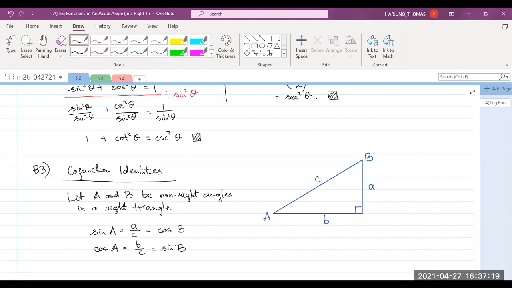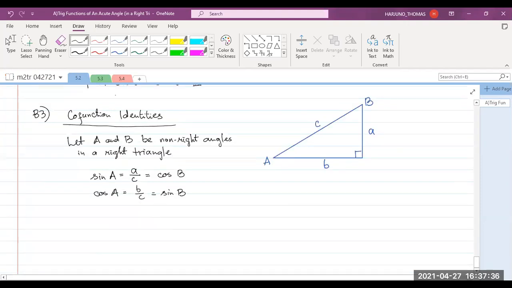Basically, as long as A and B are cofunctions, then cosine of one angle equals the sine of the complementary angle. Likewise, for tangent, tangent A is equal to A over B, which is the same as cotangent B. Secant A is C over B. That is the same as cosecant B.